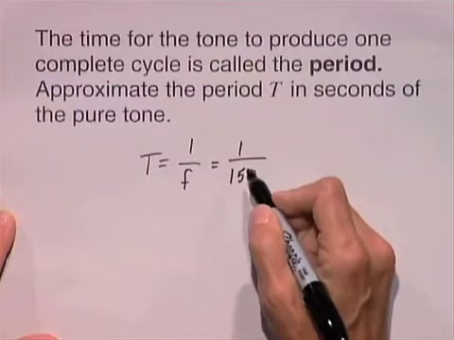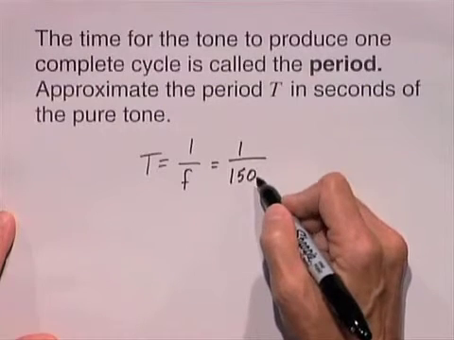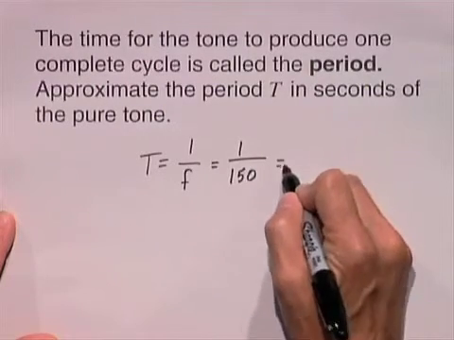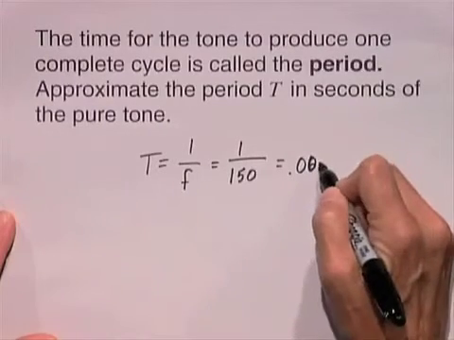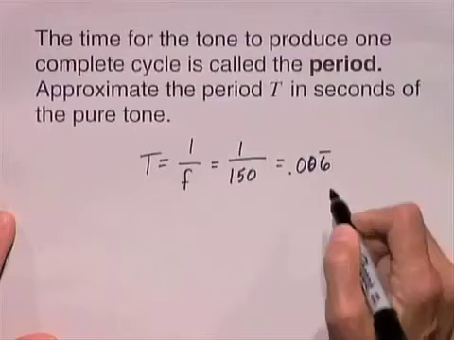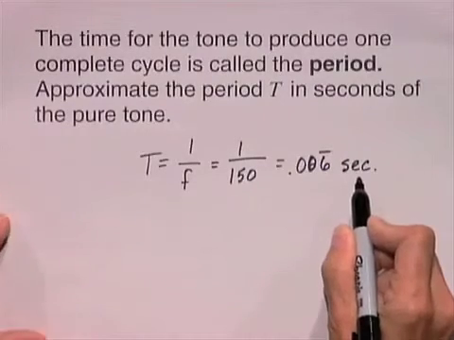And 1 divided by 150 would be the period, the time in seconds for 1 cycle. Or you could use a decimal for that. It's 0.006, where the 6 repeats, seconds is the period.